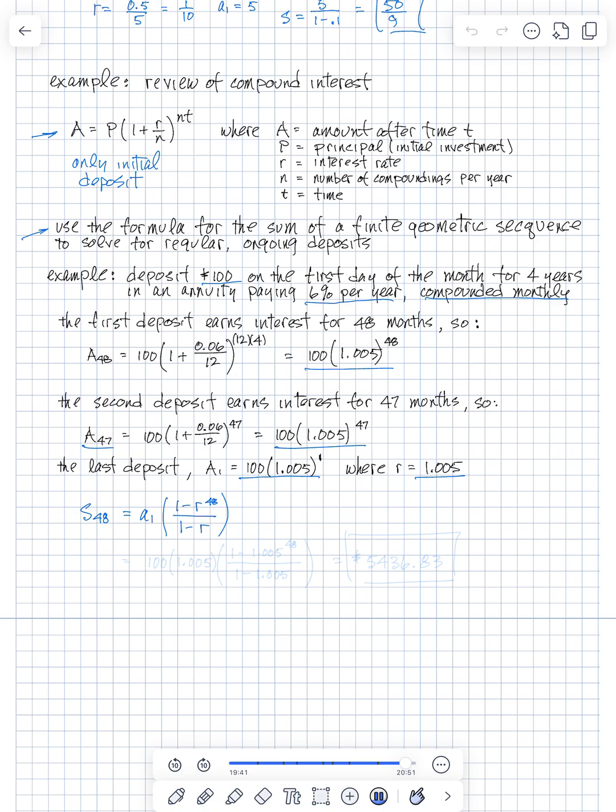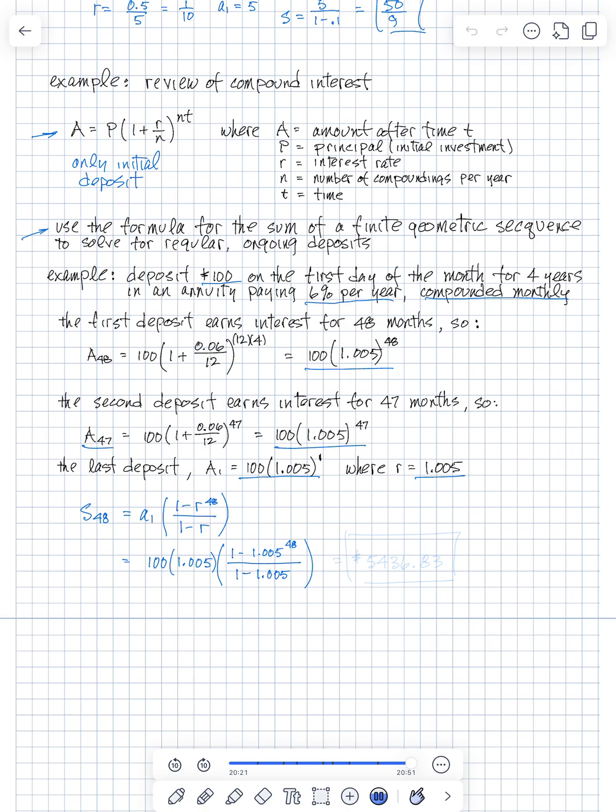A1 is 100 times 1.005 to the 1 power, times 1 minus 1.005 to the 48th, over 1 minus 1.005.